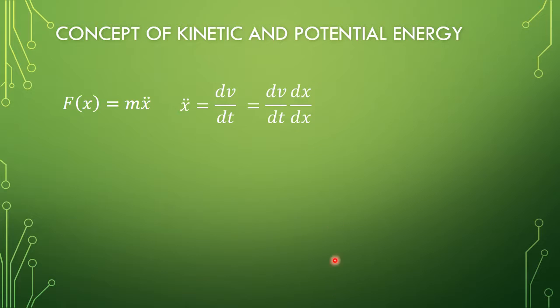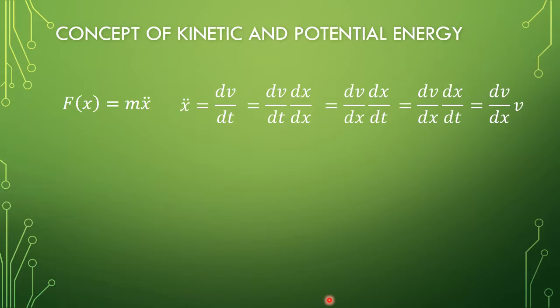And if I multiply by this factor of 1, dx over dx, and rearrange it in this manner, I get what looks to be the velocity times the derivative of the velocity with respect to position. And so if I use that, I can plug it back into my force equation, or Newton's second law, and write it that way.